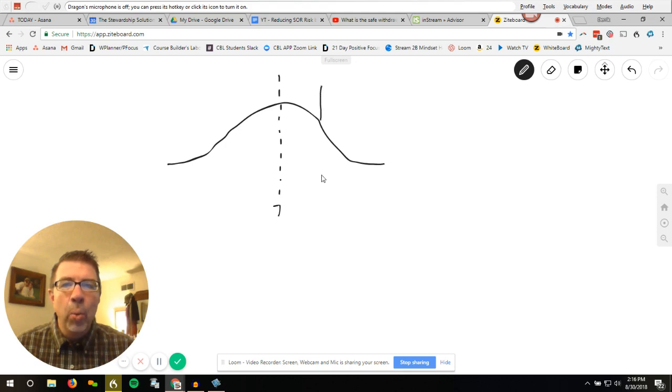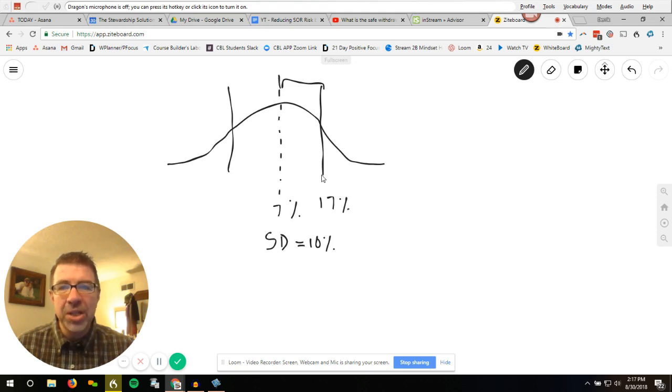And then one standard deviation, you might feel like you've gone back to statistics class here. Let's say the average is 7% and the standard deviation, I'll use SD for that, is 10%. What does that mean? If the average is 7, one standard deviation to the positive goes from 7 to 17%, and one standard deviation to the negative, 7% minus 10, goes to negative 3.